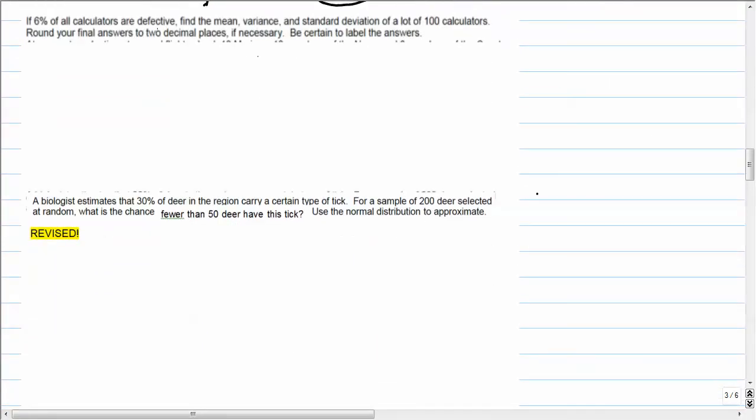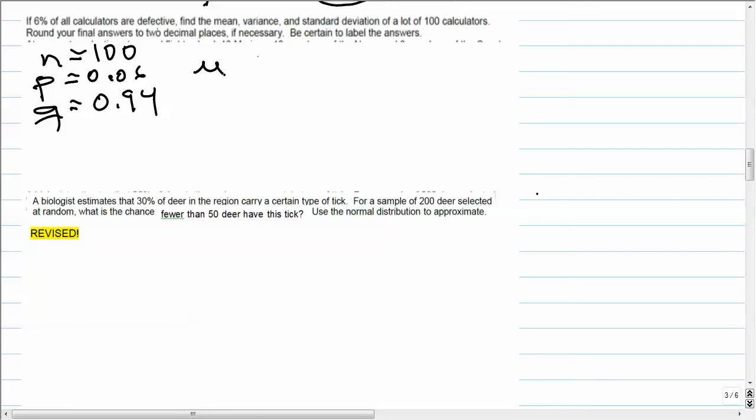6% of all calculators are defective. We want to find the mean, variance, and standard deviation associated with a lot of 100 calculators. This is the binomial. Either they're defective or they're not defective. N here is equal to 100. P is 0.06. Q is then going to be 0.94, right?